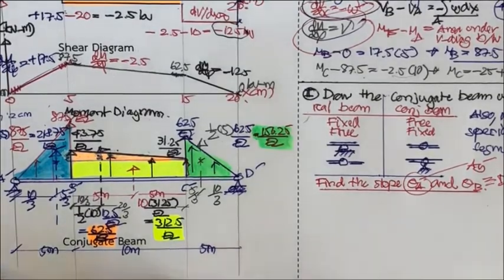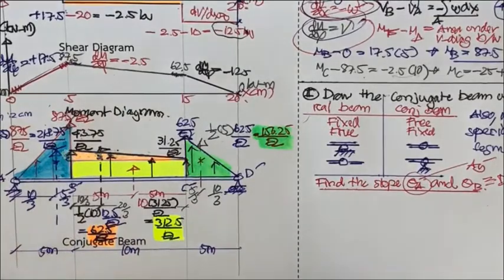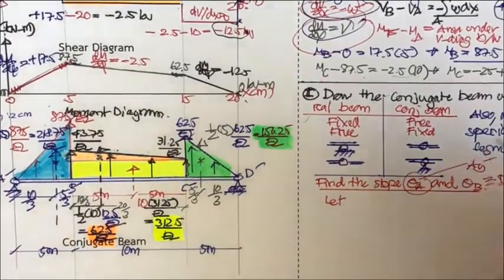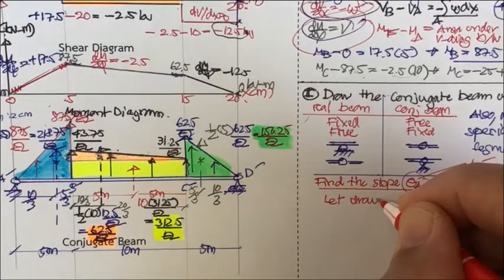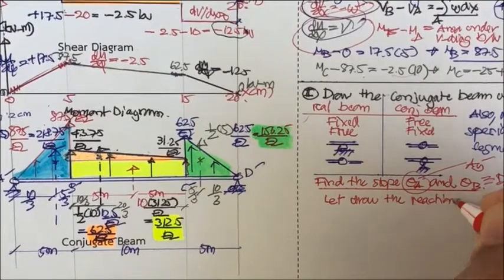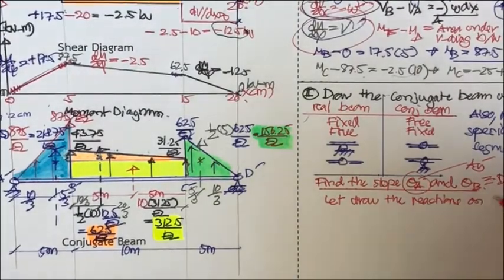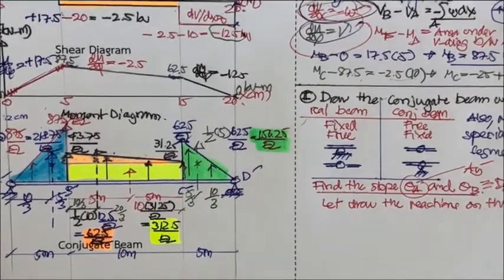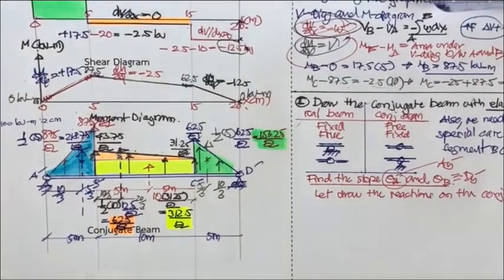Since the picture is very complicated, let me draw the reactions on the conjugate beam. Since we have very limited space, if we had more space, we could draw it further.